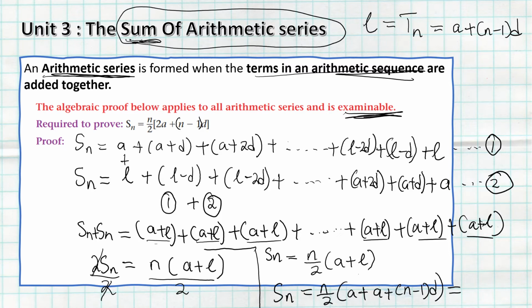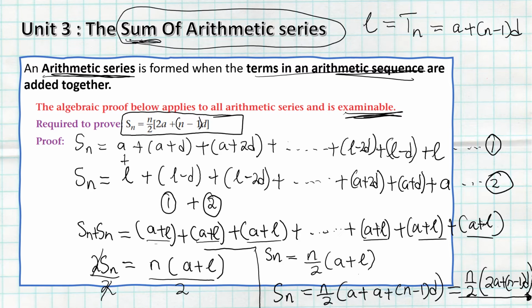Then let's simplify our equation. It's n over 2 into a plus a plus n minus 1 d, which is 2a plus n minus 1 d. So that is how we prove this formula that says Sn equals n over 2 into 2a plus n minus 1 d.